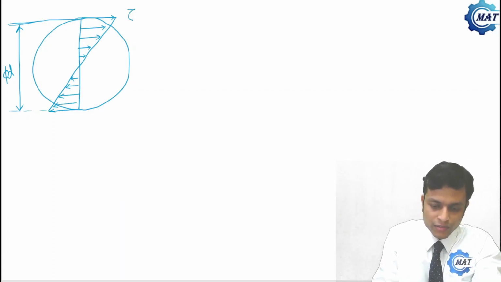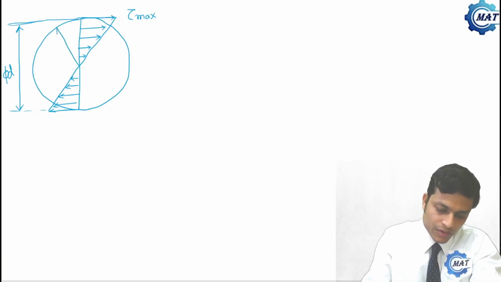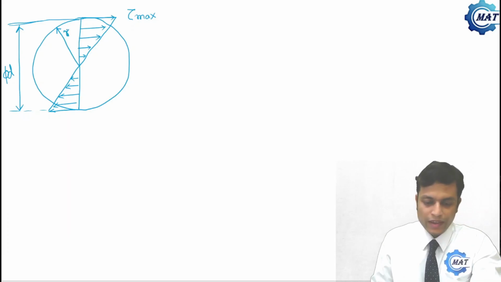At the surface, shear stress is maximum, that is at radius r. So radius of the shaft is r. At radius r, shear stress is tau max.